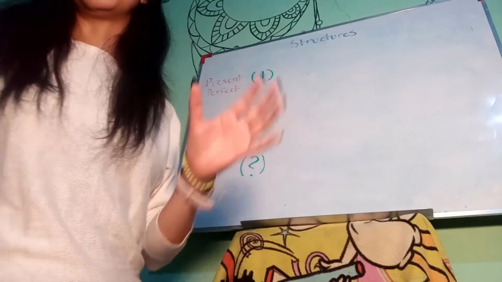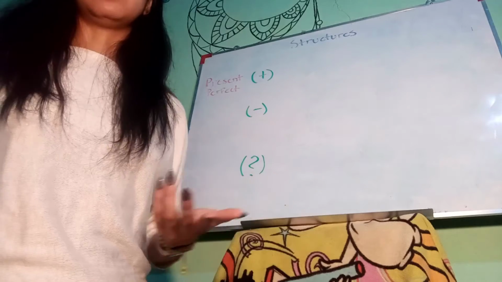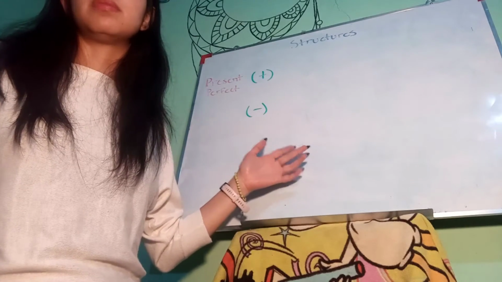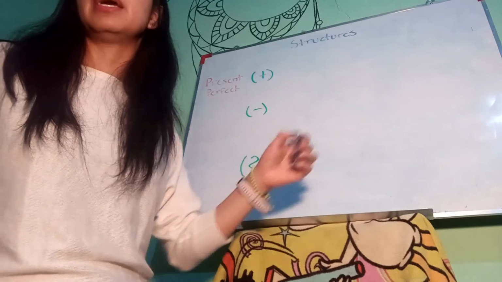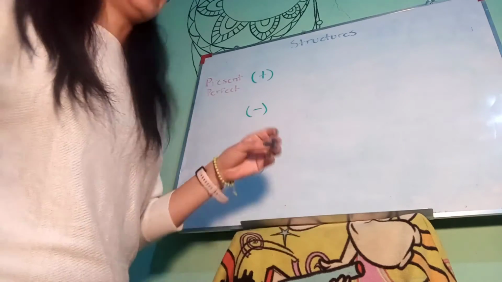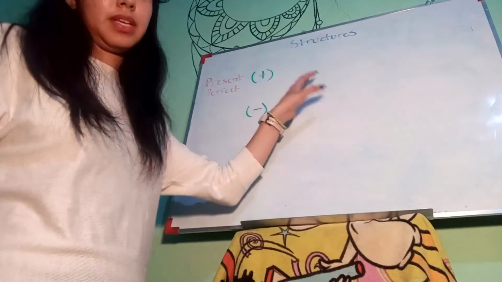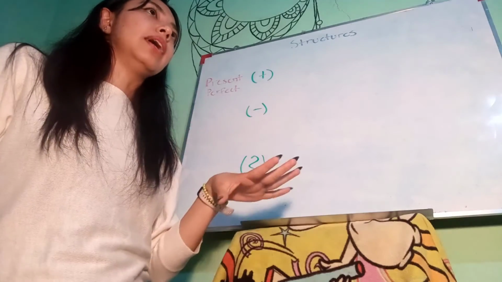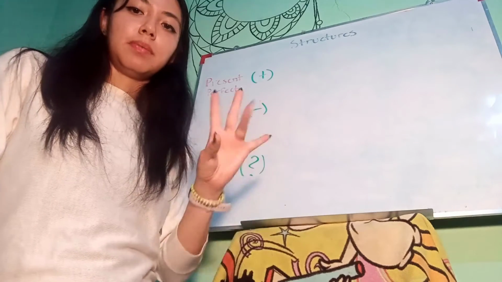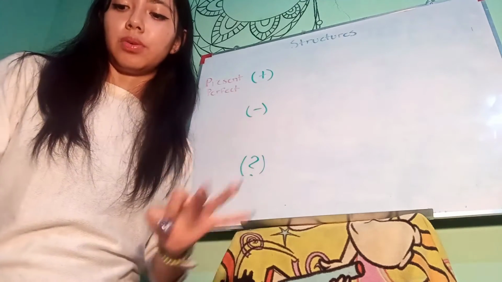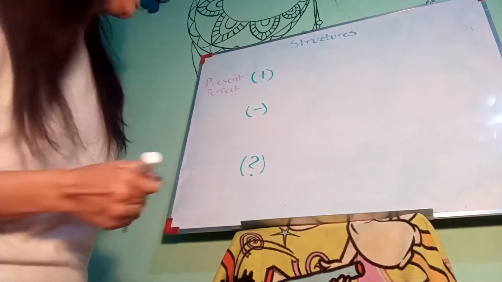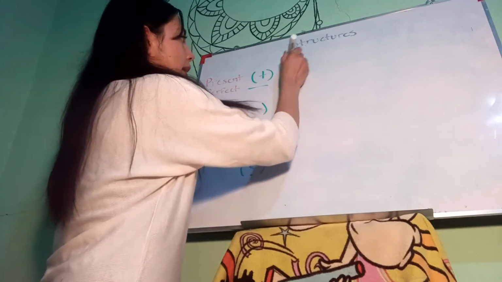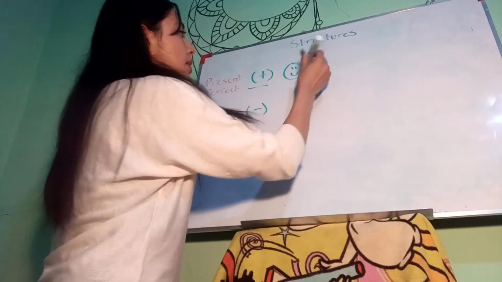Okay, now that we have quickly seen the explanation of the three tenses, we will see the structure. For example, the present perfect. You know that we have three forms: the positive, negative, and interrogative. So the first is positive. The first step, I need a subject, right?